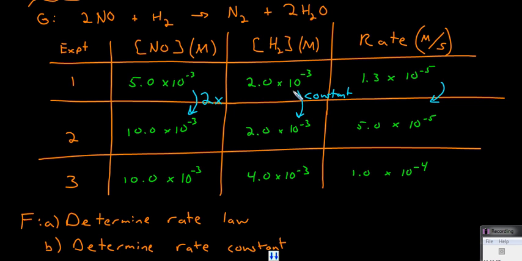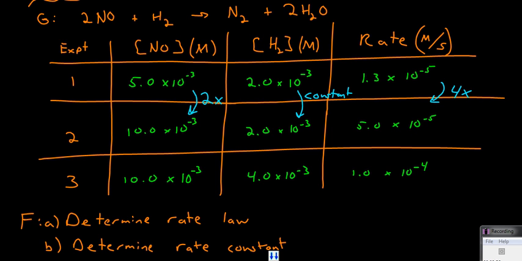Well, you can see that doubling the concentration of NO, going from 5 times 10 to the negative 3 to 10 to the negative 3, actually makes the rate of the reaction go up about 4 times. Doubling the concentration of this reactant quadruples the rate.